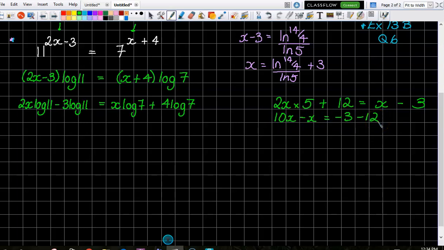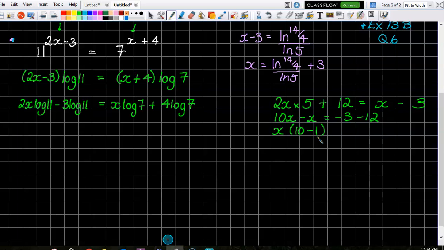Do you agree? Now, you guys are so good that in your heads, you would go 10 take 1. You're sort of ignoring the x's, aren't you? You go 10 take 1 is 9. But technically, you're pulling out that x as a common factor and you're going 10 take 1. Agreed? We're going to do the same thing here.